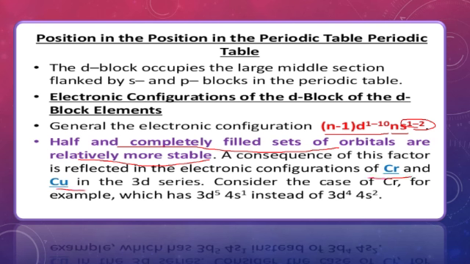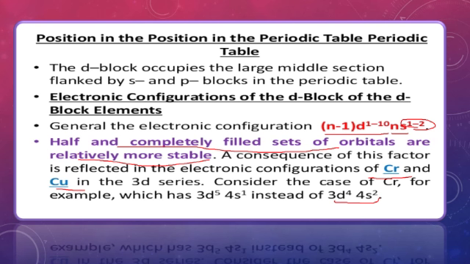In case of chromium, the atomic number of chromium is 24 and the expected electronic configuration of chromium is 3d4 4s2.